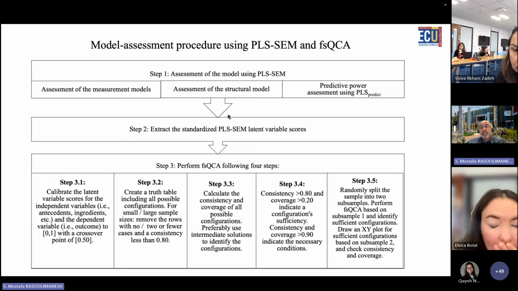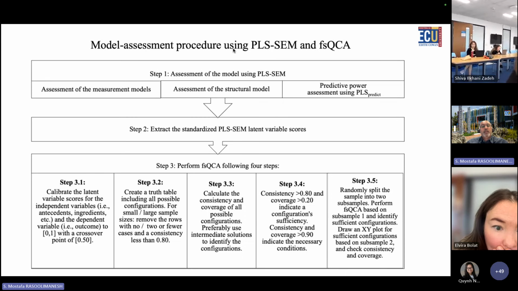If you want to use latent variable scores from PLS-SEM, you can follow this procedure and guideline. You need to assess your model using PLS-SEM, especially the measurement model. Also, you can do hypothesis testing and assess predictive power using PLS predict, and then use the latent variable score as input for FsQCA.